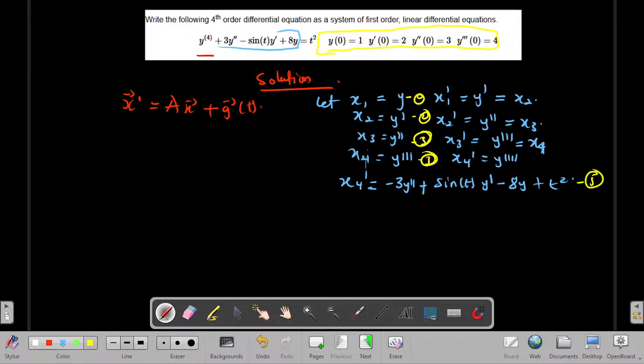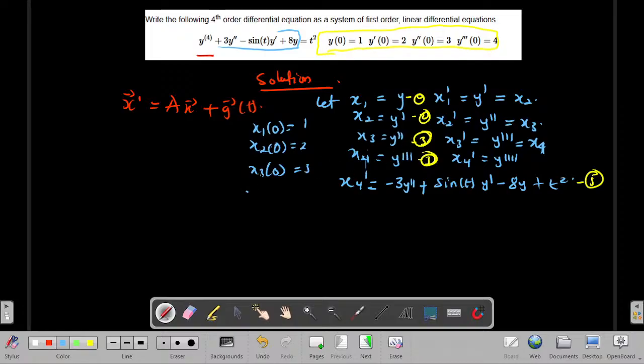You realize that y of 0, we know that y is now x1 in our system. So if I want to replace y, I'll make it x1 of 0 to be equal to what? 1 accordingly. I'll have x2 of 0 be equal to 2. X3 of 0 representing y prime prime, as you can see clearly here, should be equal to 3.